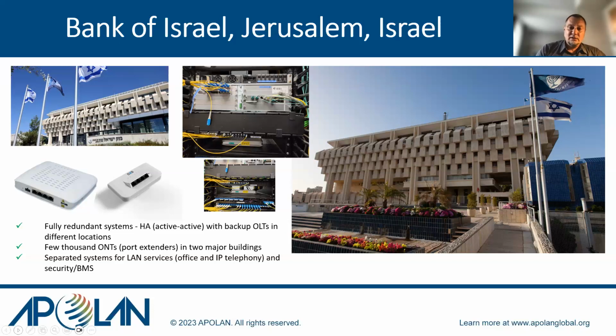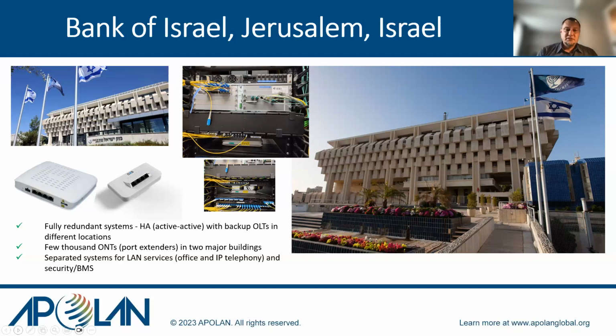Meanwhile, they also built a new building. So that's the first building, and they have a second one, which is also using our optical LAN solution. Interesting things are that from the very beginning, the necessity for high availability, and in the case of banks, active solutions and OLTs in different geographical locations for security reasons, emerged as a strong requirement.